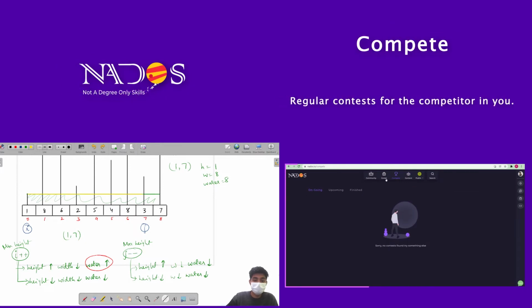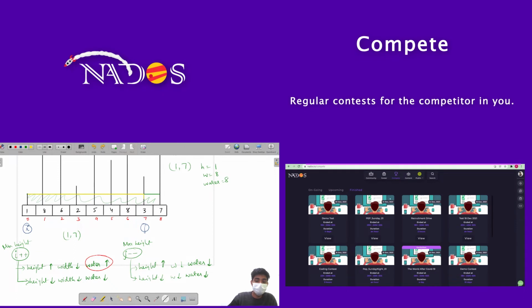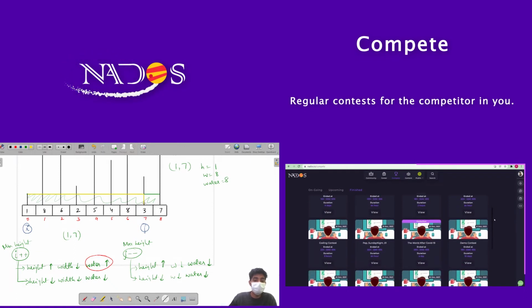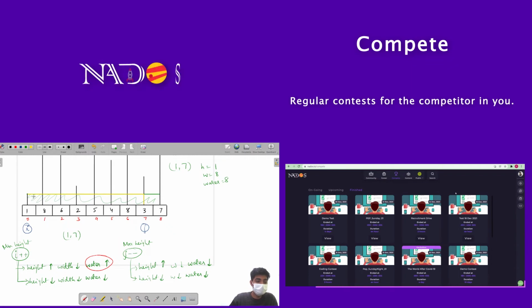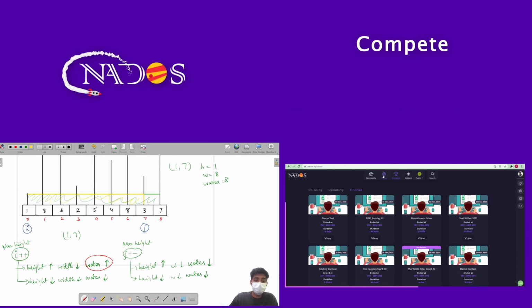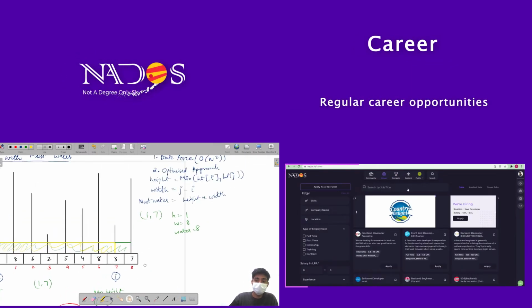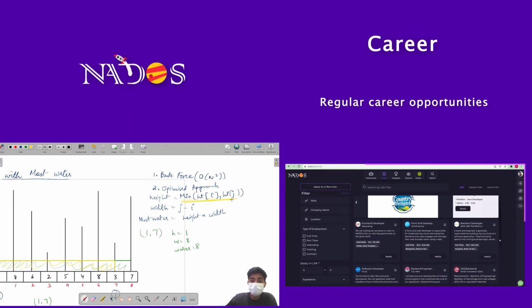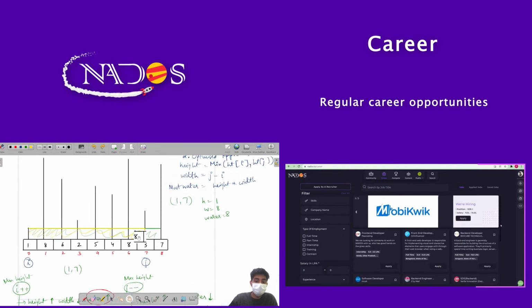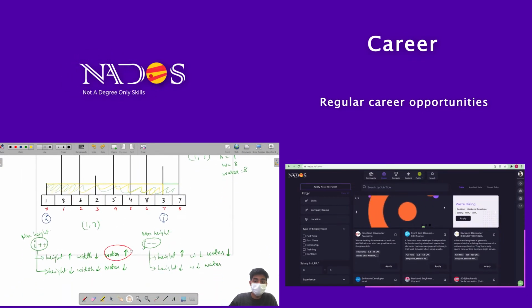You see, if my height decreases, and before my height was maximum, then it really didn't make a change, right? Because the height of my container is dependent on the minimum height of the two, right? The height of my container is dependent on the minimum height.